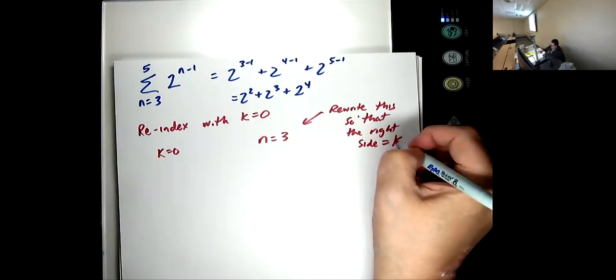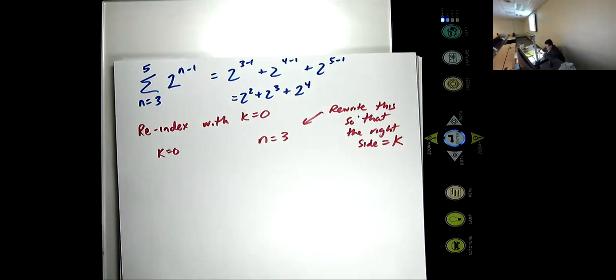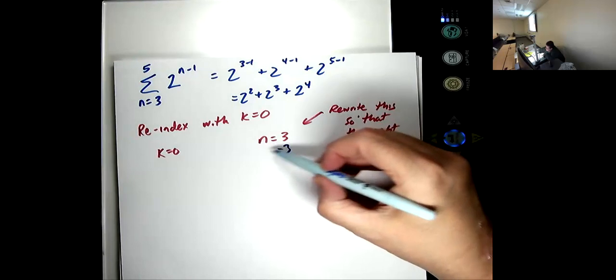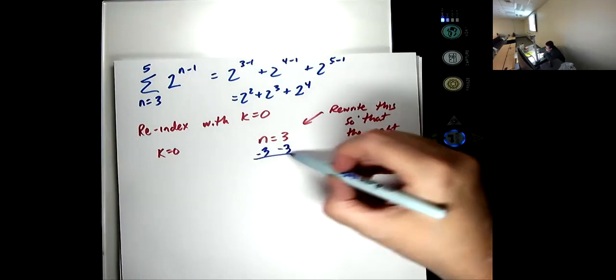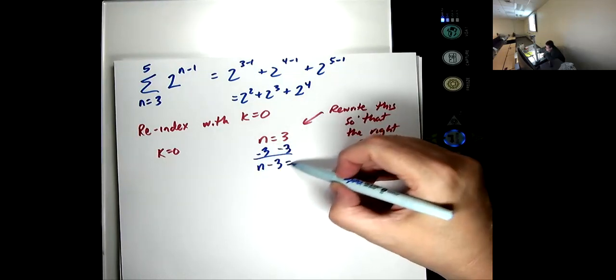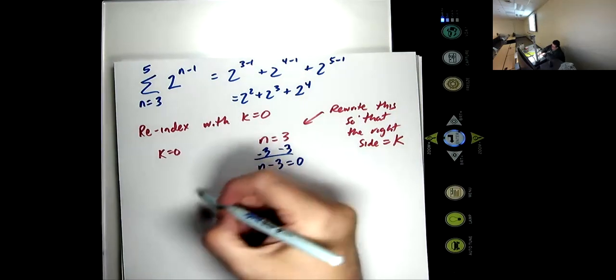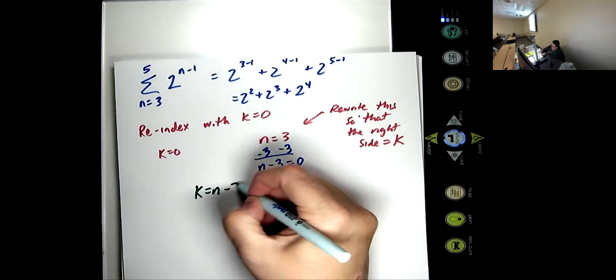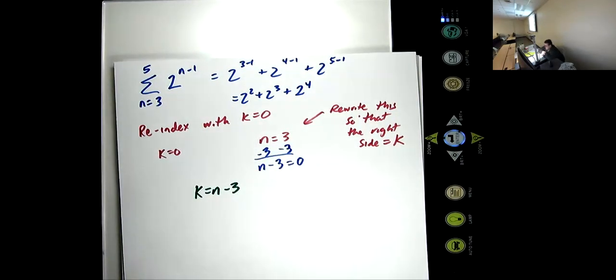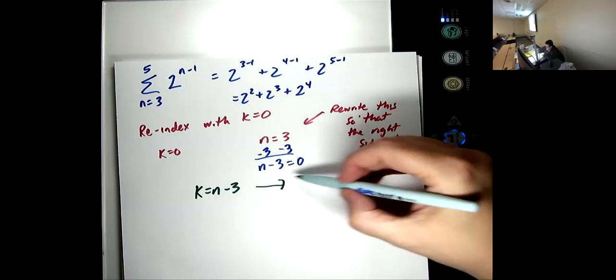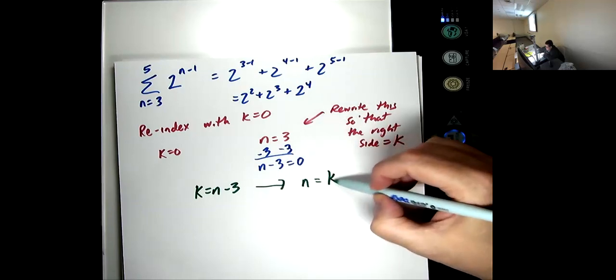In this case, it would be subtracting 3 from both sides. I have n minus 3 equals 0. And now with both of them equal to 0, I can set them equal to each other. K equals n minus 3. And that also means that n equals k plus 3 if I add 3 to both sides.